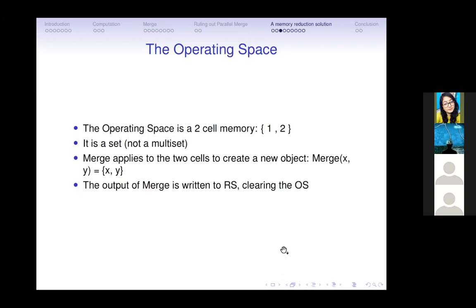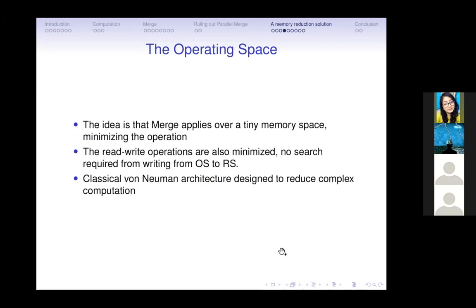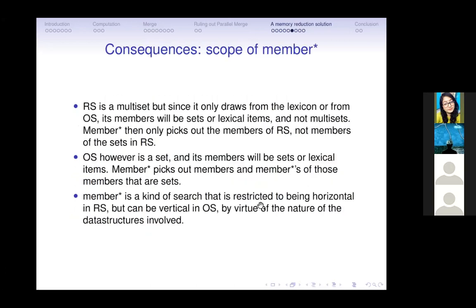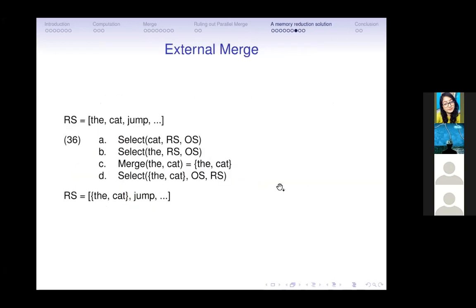Now, with that architecture, that's just what I've said, okay? And with that architecture, I'm going to skip these 2 slides and come back to them. With that architecture, you can actually do the kinds of derivations that Chomsky wanted for external Merge and for movement, okay? So let's look at a resource space containing "the", "cat", "jump", and maybe some other stuff.